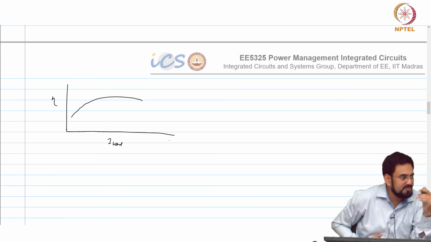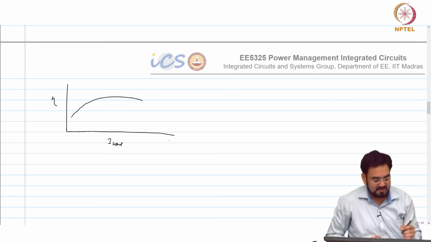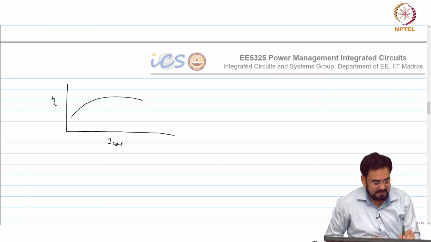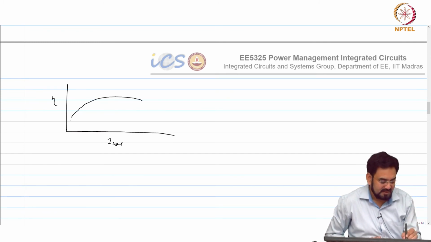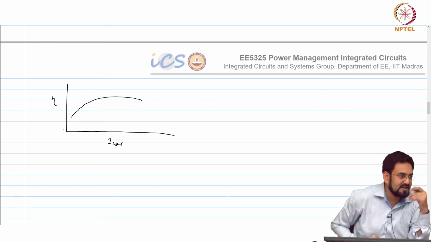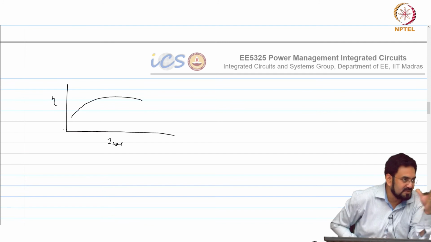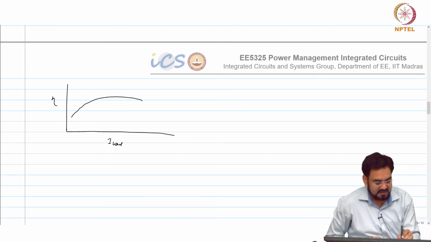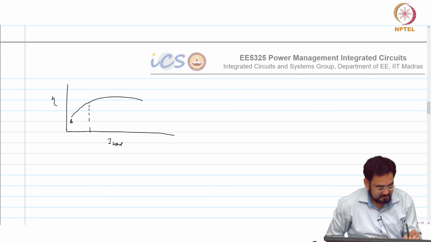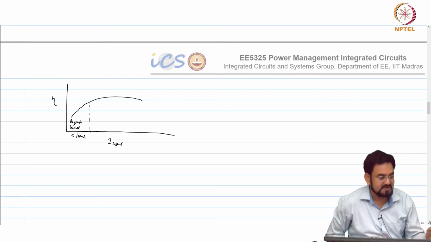Usually it peaks in the mid load, because your I square R losses will be negligible and your switching losses will also not be dominating. So, you will see a little bump in the mid load, and then this is your light load, which may be like less than 10 milliamp or so.